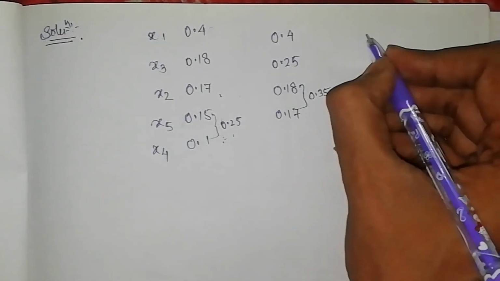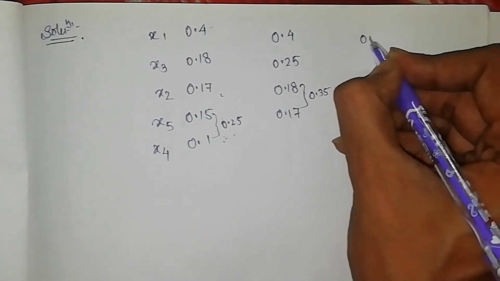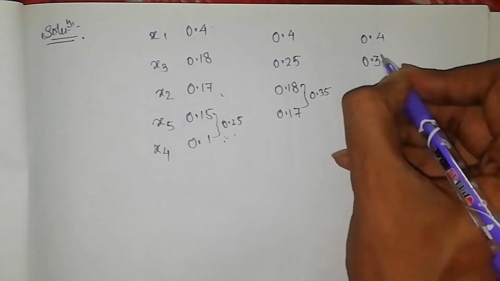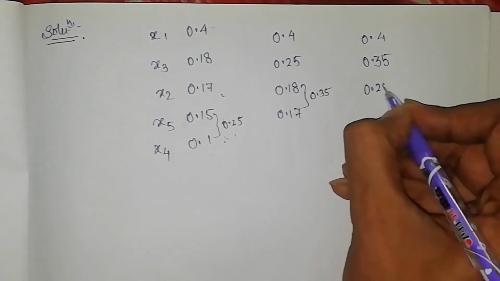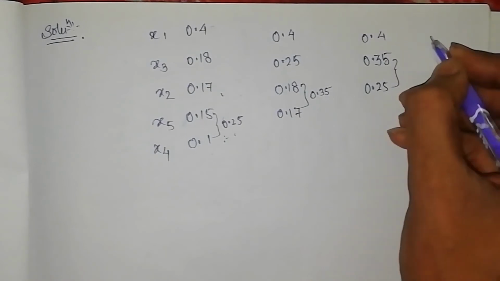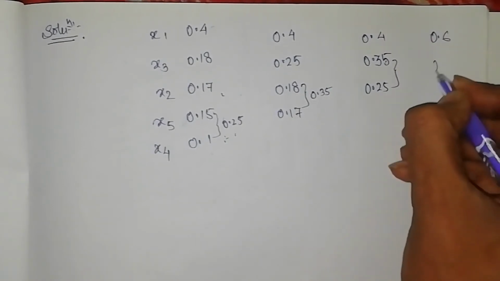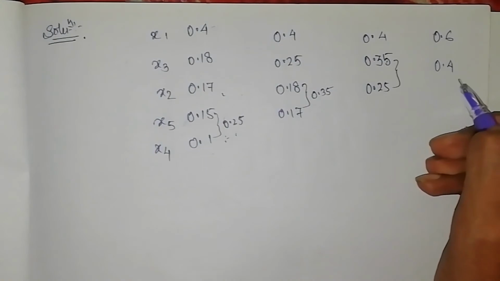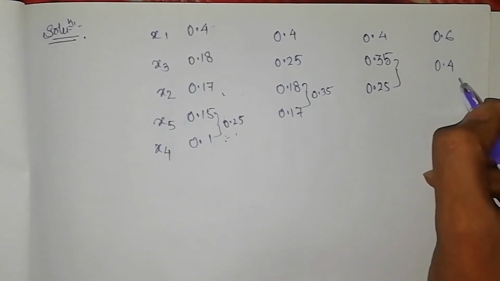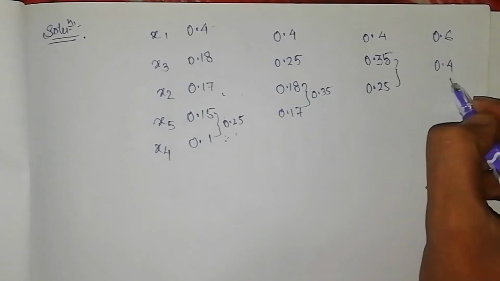So again we will rearrange it, so this will be 0.4, this will be 0.35, and this will be 0.25. Again we will rearrange it, so this will be 0.6 and this will be 0.4. Now after this step we are unable to do the reductions any further, so this is the last reduction, the last reordering.